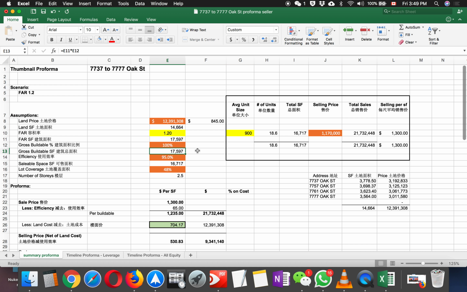Because I'm not going to build 14,000. I'm going to build 17,000, right? So why should I calculate the land cost for this? Because that's easy. I just divided that by whatever price the buyers will give me, by the asking price. So in this case, I'm using this number, which is the finished product. You can build 17,000 to get the land price for that, which is $704.